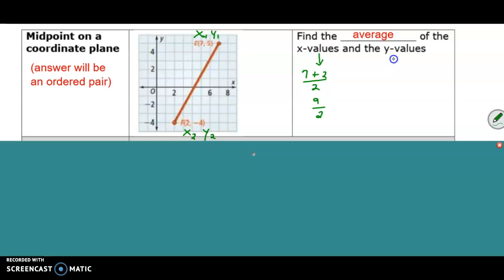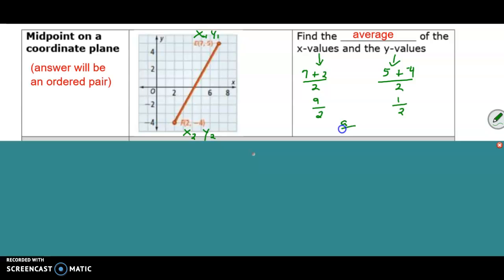It can't reduce anymore. For your y values, your y1 is 5, your y2 is -4, and you have to divide that by 2. 5 plus -4 is 1, so you get 1/2. So you have two answers there. That's not really two answers, it's just your x-coordinate and your y-coordinate of an ordered pair.